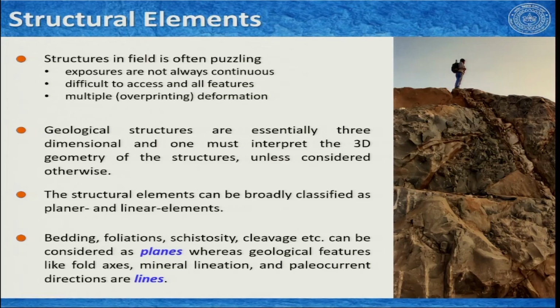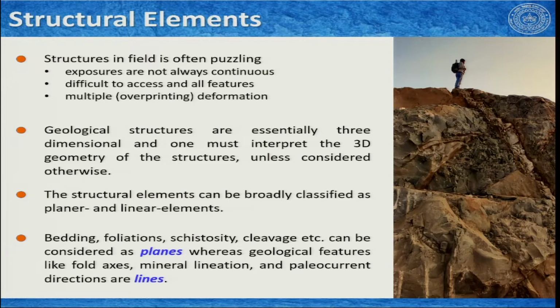There is also one point: not necessarily all exposures you can reach and measure. For example, the exposures that we saw in the middle of the river Subarnarekha are extremely difficult to reach because of the velocity of the stream, and also you do not get access, the area is pretty dangerous. And then there is one more important aspect, that the rocks are not deformed by a single deformation.